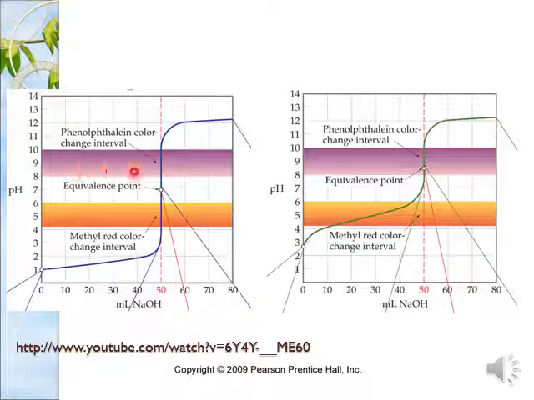Phenolphthalein's color change interval is this region here, while the equivalence pH is this point here. By rule we should use phenolphthalein, not methyl red, because methyl red will change before the equivalence point. So the usage of methyl red is not suitable in this case. Phenolphthalein is the best choice.